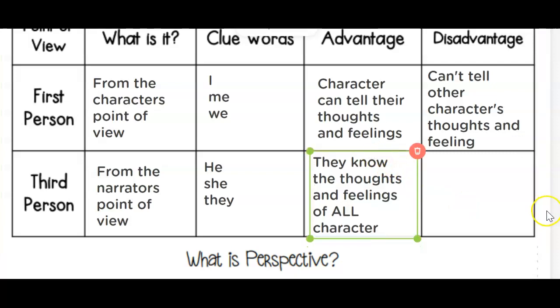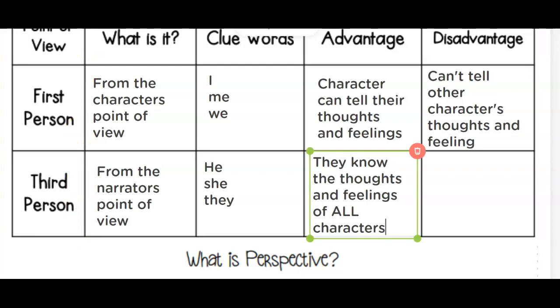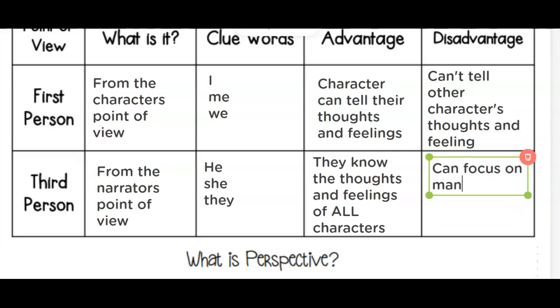Pause the video so you can write that out. The disadvantage is that it can focus on many characters, which can sometimes be difficult. Again, pause the video and make sure you have your notes filled in.